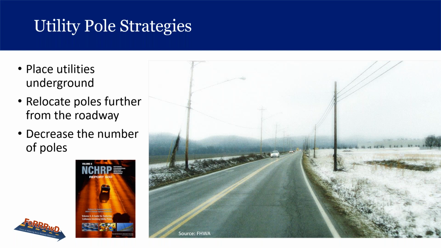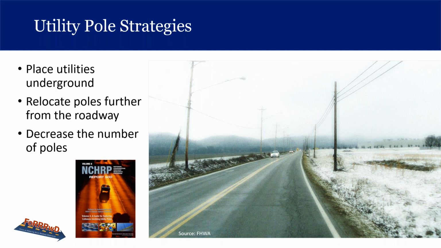So then we have utility poles. So we have some utility pole strategies. Here we have a picture on the right showing utility poles. They're pretty densely installed there, but there are alternatives. Placing utilities underground, relocate poles further from the roadway, or maybe even decreasing the number of poles.